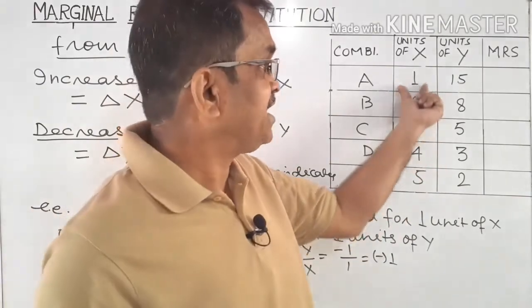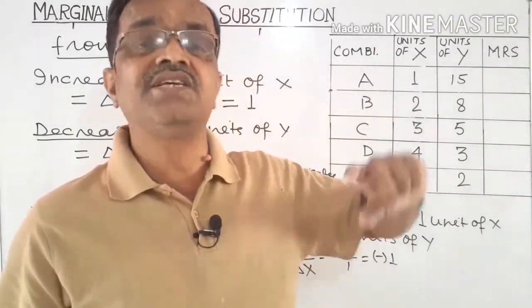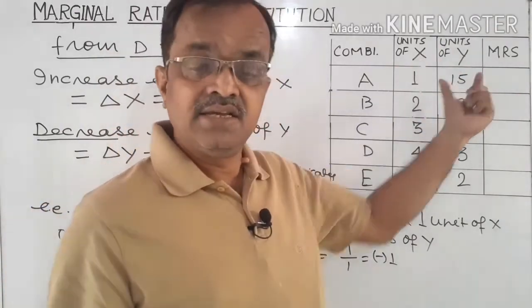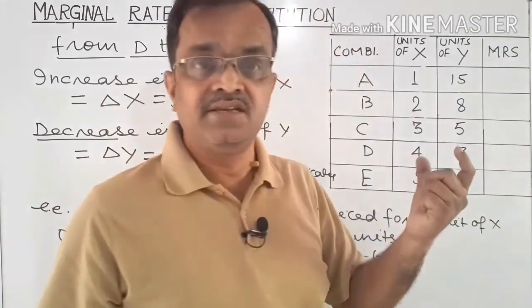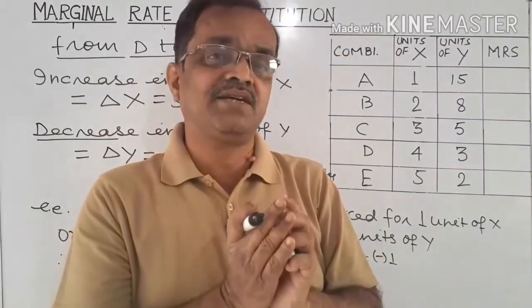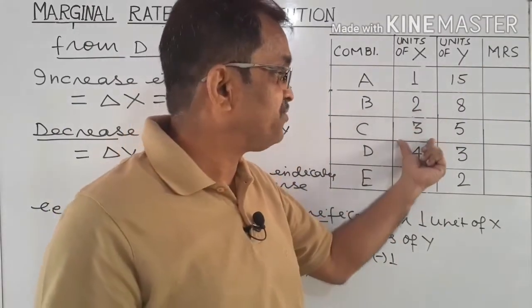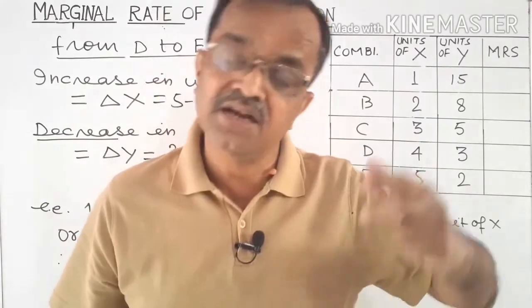For every additional unit that the consumer consumes, how does he pay its price? By sacrificing some units of commodity Y, and those units of Y sacrificed are in actual practice the price paid for every additional unit of commodity X consumed.